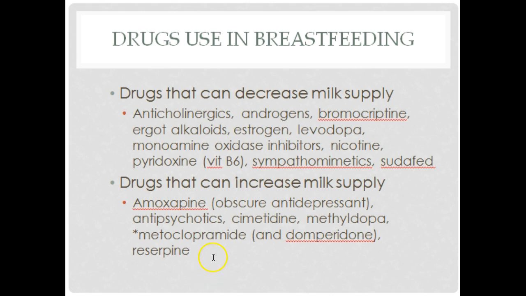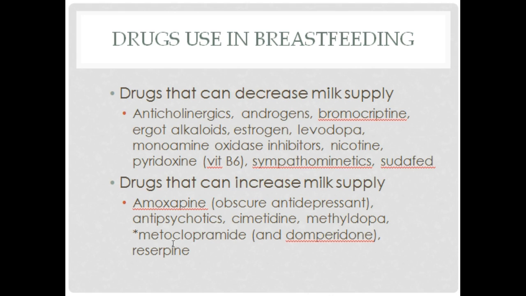And then metoclopramide or Reglan is one that's been of particular interest. It's not FDA approved for the purpose of increasing milk supply, but one of the side effects of the medication is galactorrhea.